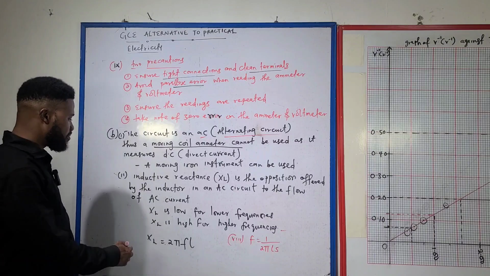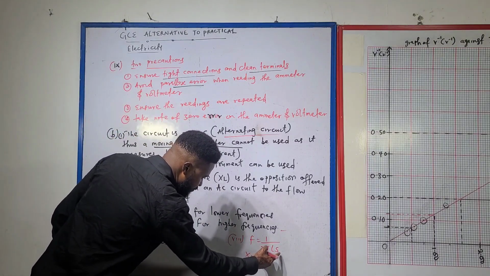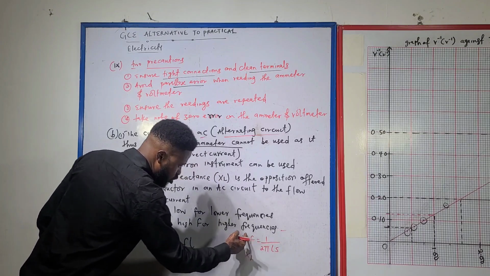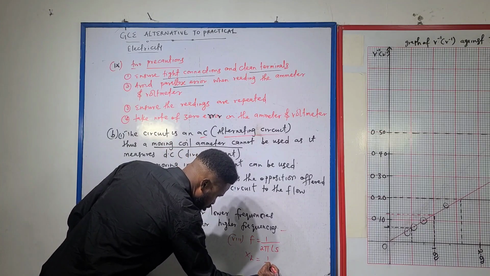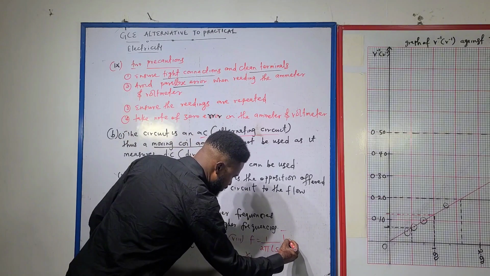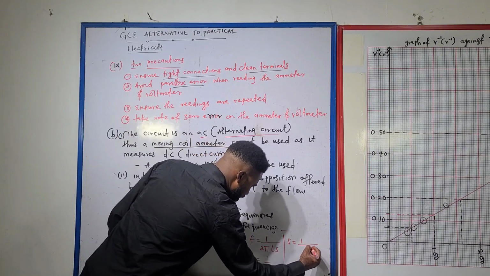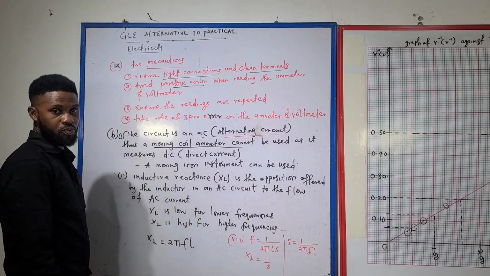So what it means is that if X should come here, X equals 1 divided by 2 pi FL.